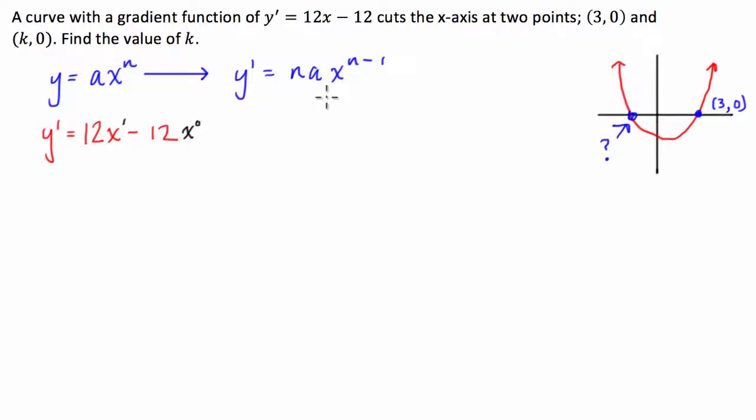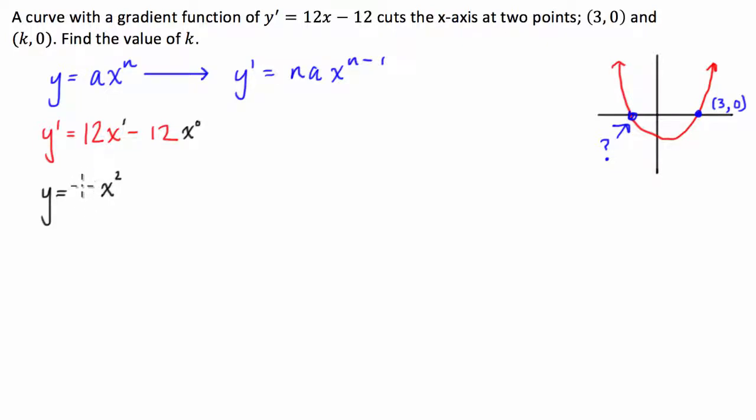So, knowing this, our function is going to be equal to, well, we increase the power by 1, so to work backwards, rather than taking one off, we add 1. So we're going to have x to the power of 2, and rather than multiplying by the power, we divide by this new power.